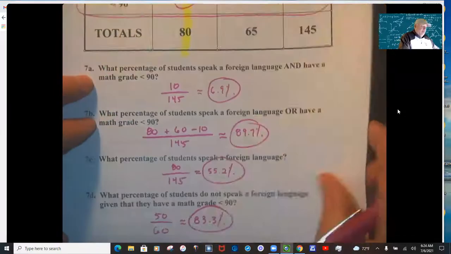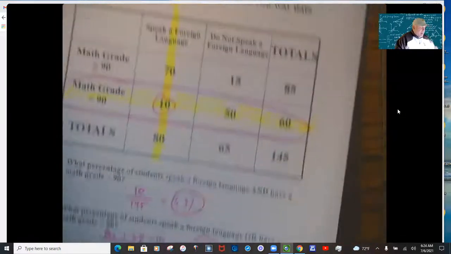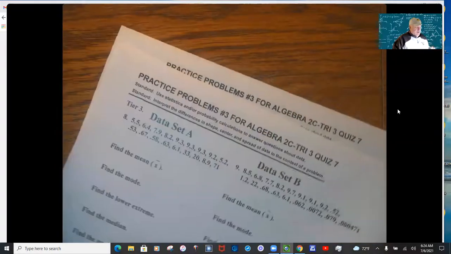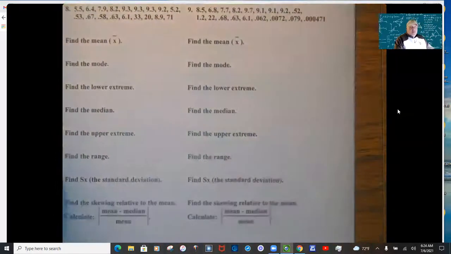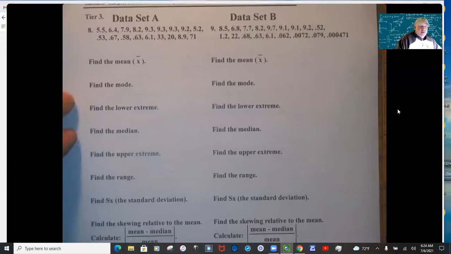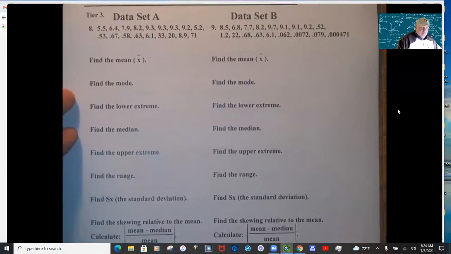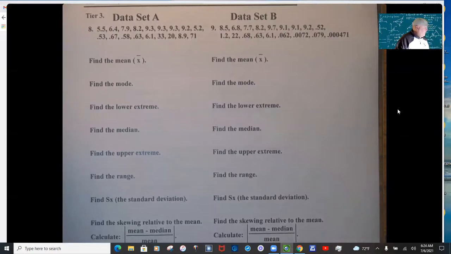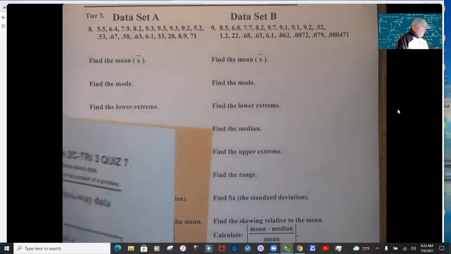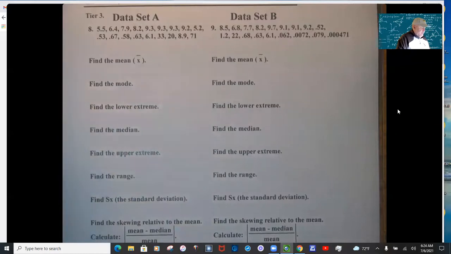All right, and then the last page, again, you want to go to Calculator Soup and get these values in there and get correct values for these. And you're not getting any points on these.